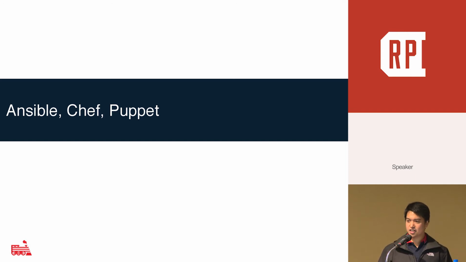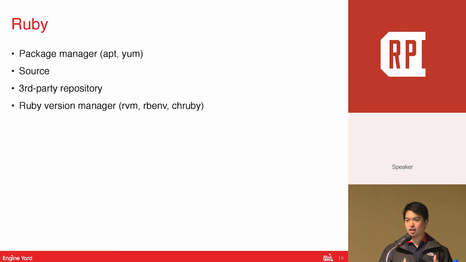But again, I encourage you to know what it does. For example, there are a lot of ways to install Ruby. You might have run a Chef recipe or an Ansible playbook, but how does it install Ruby? You should know: does it use the package manager, like apt-get install, or does it install from source, or use a Ruby version manager like RVM?